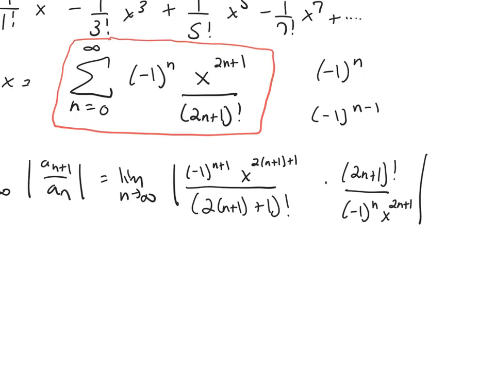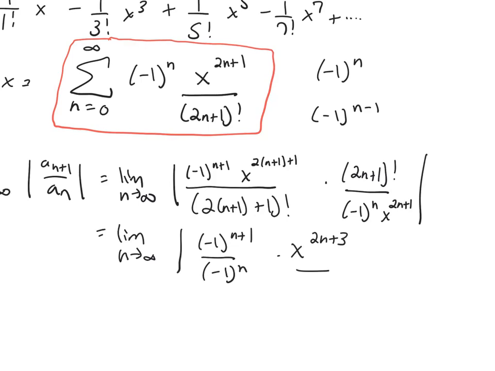Again, you group up your like terms together. That's always what you do when you use the ratio test. (-1) to the n plus 1 over (-1) to the n, x to the 2n plus 3 over x to the 2n plus 1, (2n plus 1) factorial over (2n plus 3) factorial.